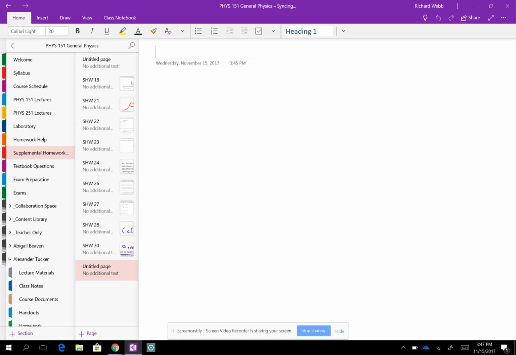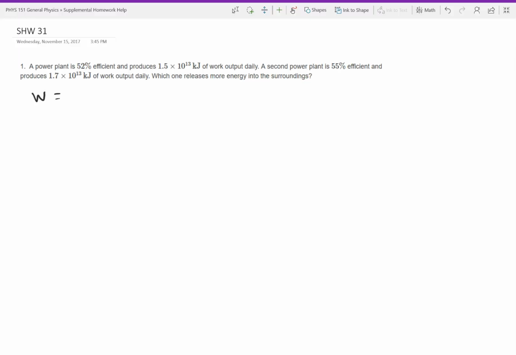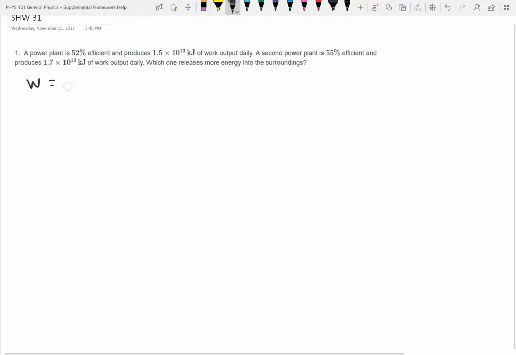And it produces 1.5 times 10 to the 13th kilojoules of work output daily. So work is equal to 1.5 times 10 to the 13th joules in 1 day.